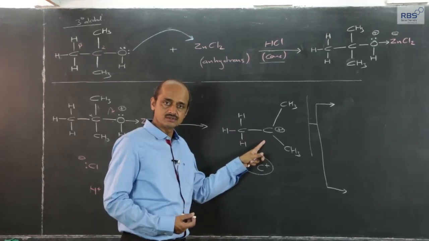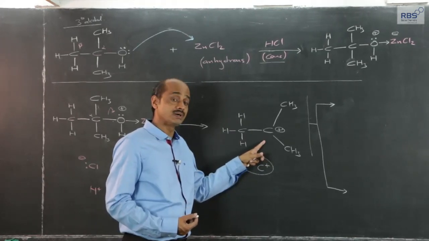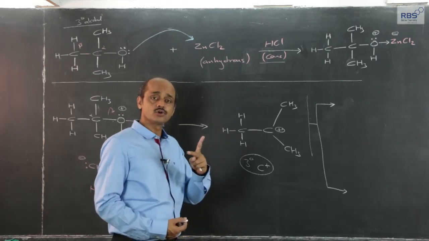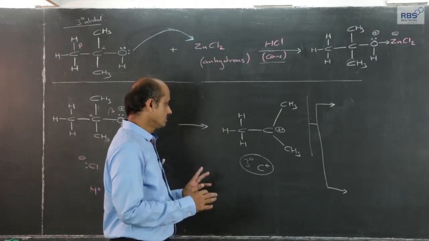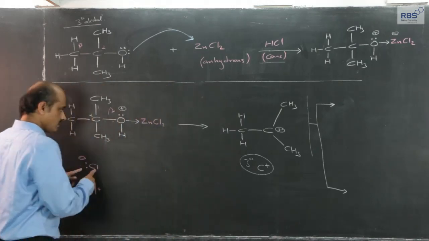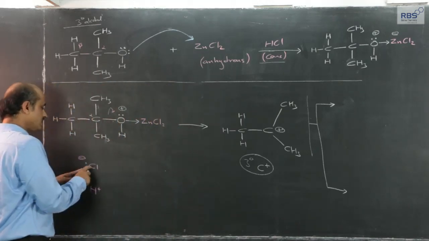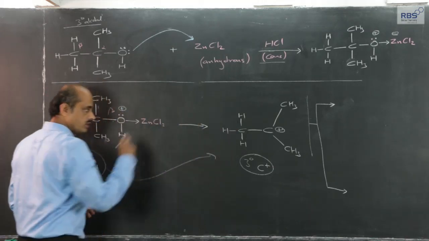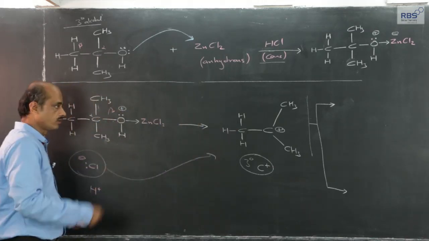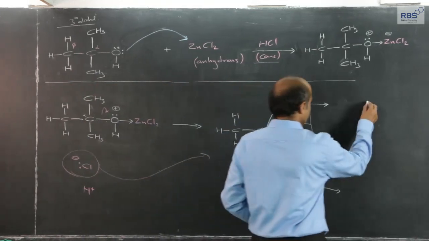Similar was seen in the case of isopropyl alcohol also, but here there is a competition between two possibilities. One possibility is that after the formation of the carbonium ion, the Cl minus ion will attack the carbonium ion and form a carbon-chlorine bond.